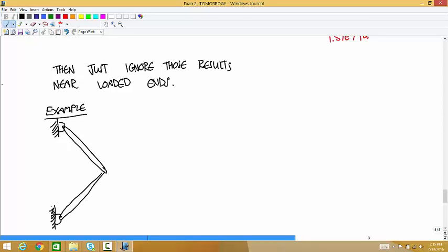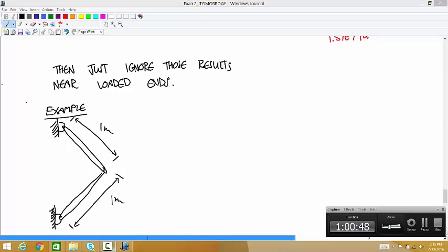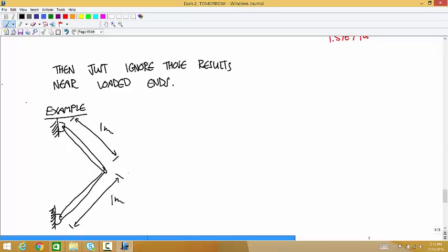Okay, so let's say we have this set up like this. Each of these two beams is 1 meter long. And we apply a force to the pin of 5,000 newtons.